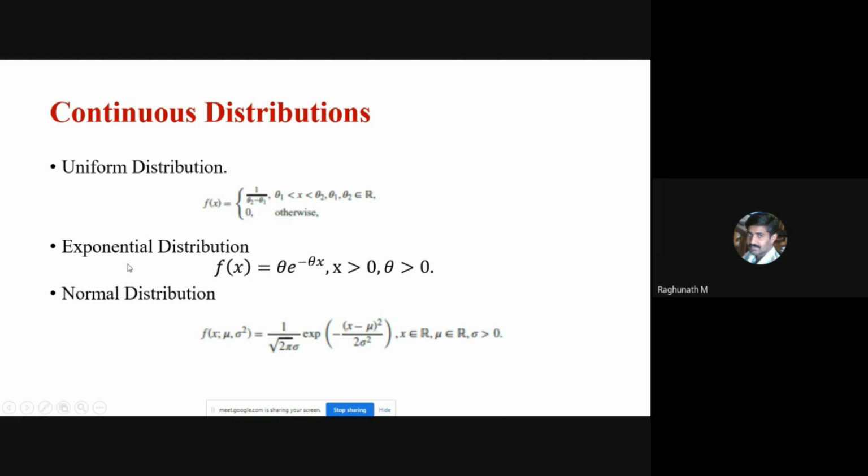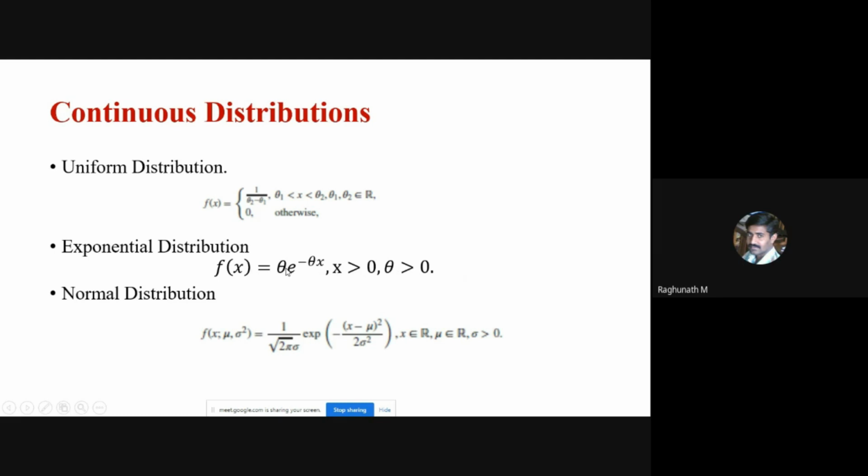So coming to the exponential distribution, as I told you, this has a lot of applications, especially in lifetime data analysis. The PDF of the exponential distribution is given by f of x is equal to theta into e to the power of minus theta x, where x is greater than 0 and theta is greater than 0. This is the range for x, and also the value taken by the parameter theta is greater than 0.